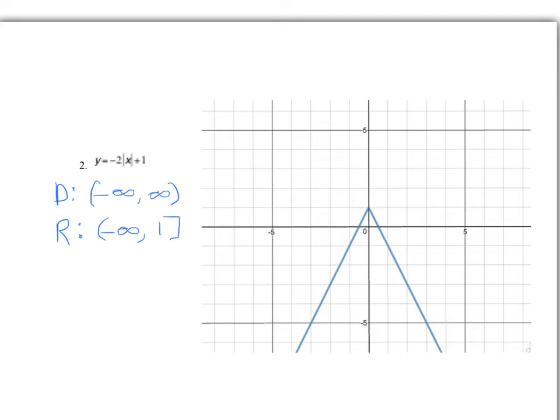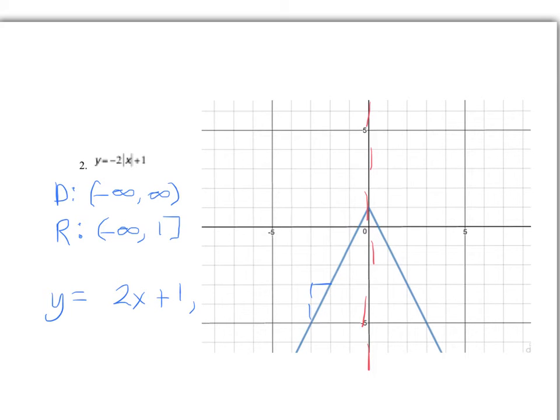The piecewise function, we're going to split it here. So if we look at the left side, slope up 2 over 1. So the slope is 2. 2x plus 1.